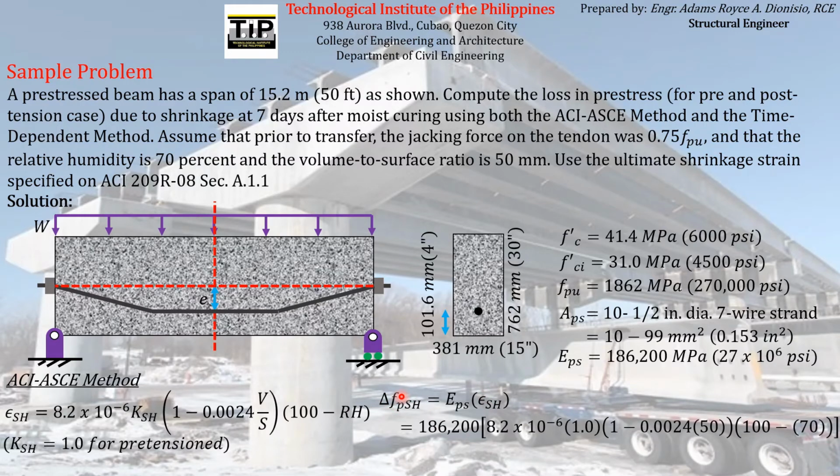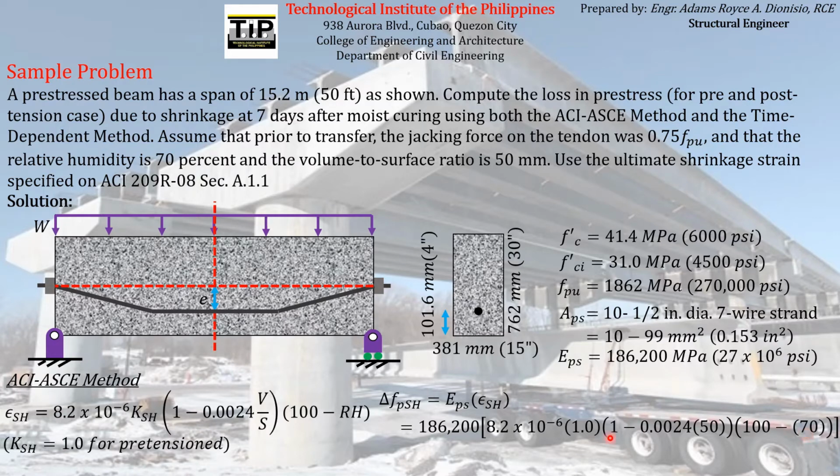So substituting all of those in this equation, EPS is equal to 186,200. Shrinkage strain is equal to this. So you just have to substitute all of the corresponding values. KSH is equal to 1. V over S equals 50 mm. RH is equal to 70. So you have to take note that RH must be in terms of percent.